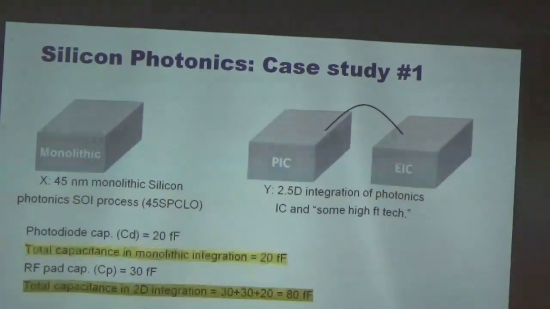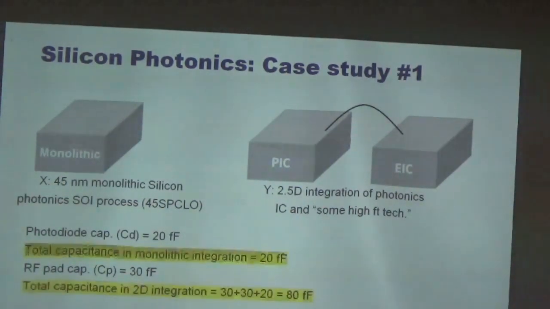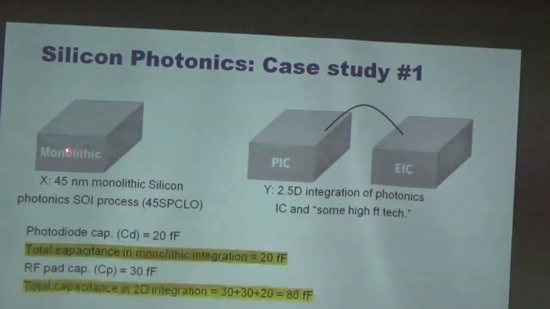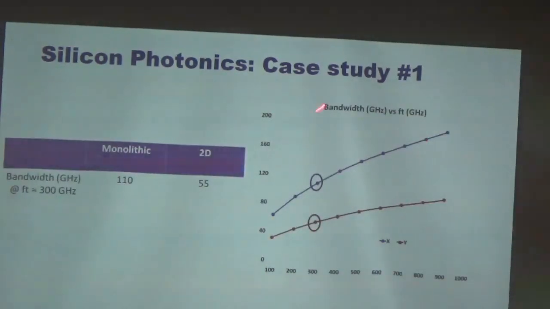Almost 4 times means your bandwidth becomes half, because it's the square root of 4. So this is how we try to minimize the parasitics between these two nodes. But there are a lot of disadvantages on the monolithic side that I will discuss now. So let's take an example. Earlier I showed one equation, bandwidth and FT.